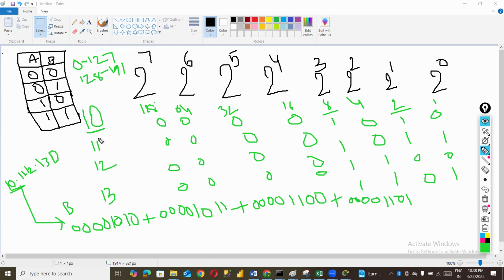Class A, because our range is 0 to 127, like 0, 1, 2, 3, 4, 5, 6, 7 up to 127. So 10 is part of this 0 to 127. It belongs to class A.